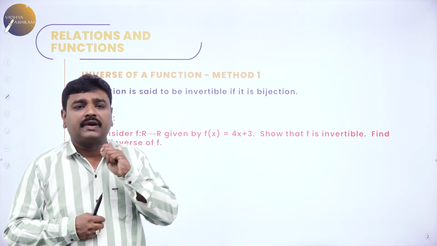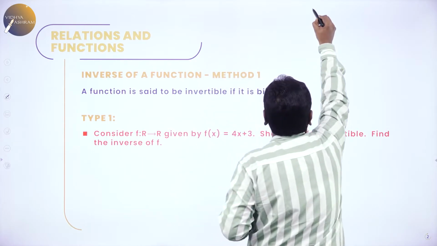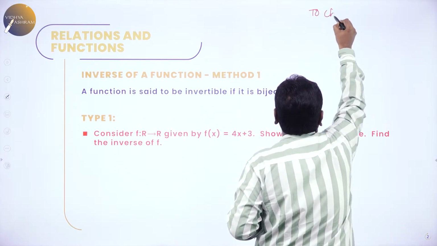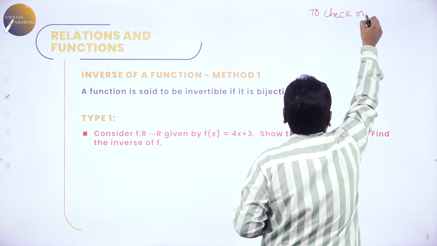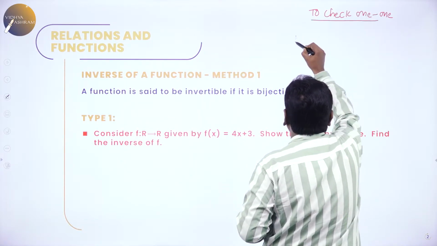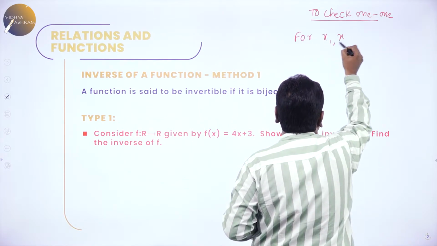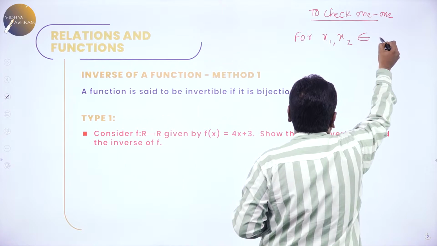How to prove one-one? Simple. To check one-one, the very first step is: for x1, x2 belonging to the domain.